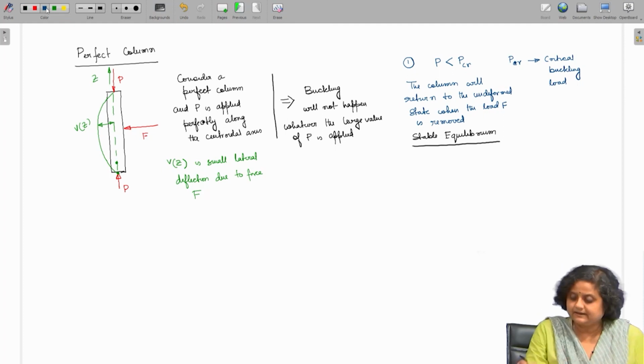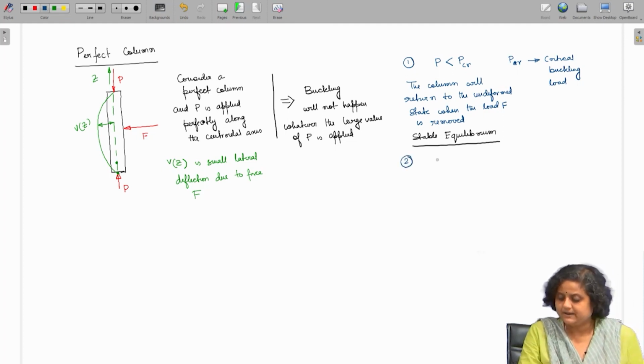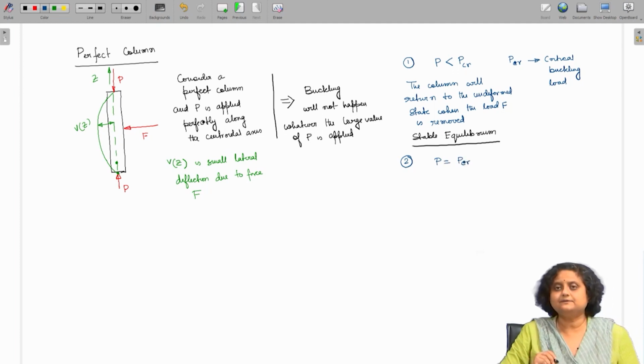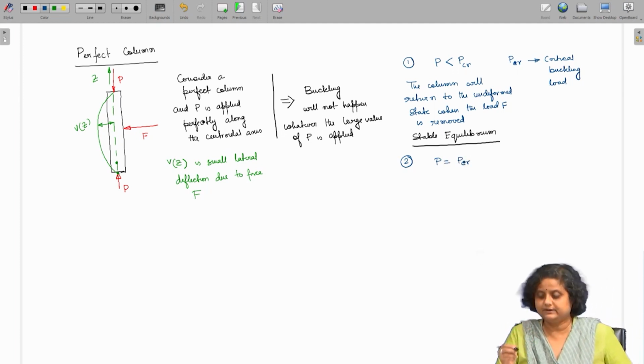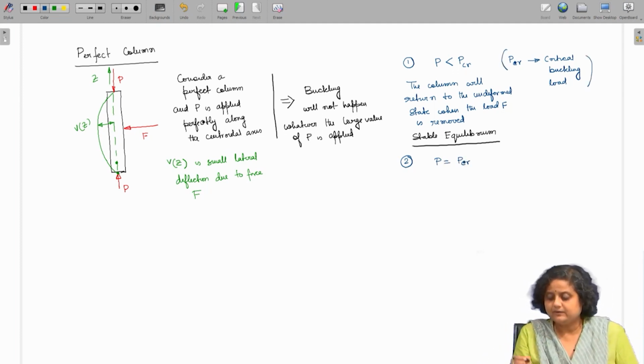Now, the second case is that when P is equal to P critical, when the compressive load is equal to the critical value P critical, then what happens?